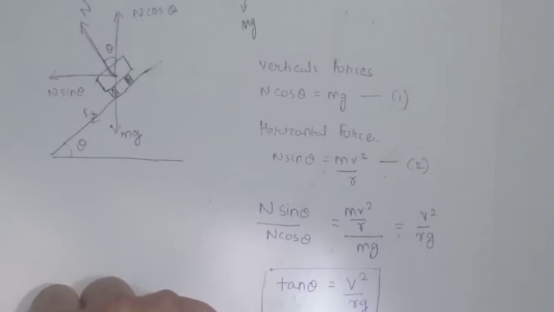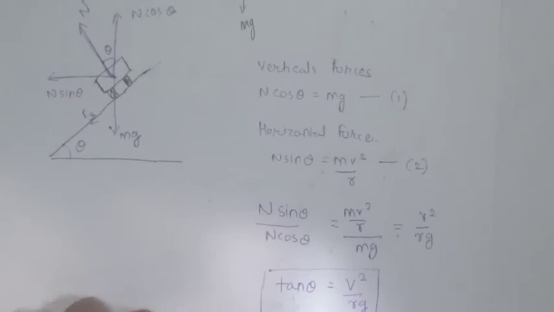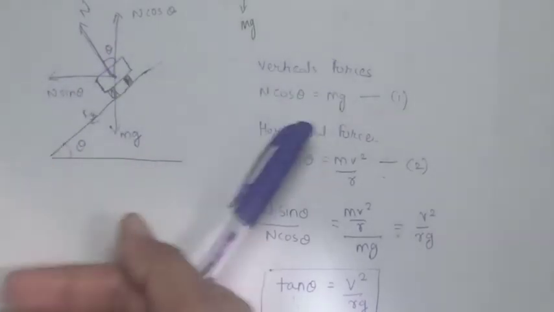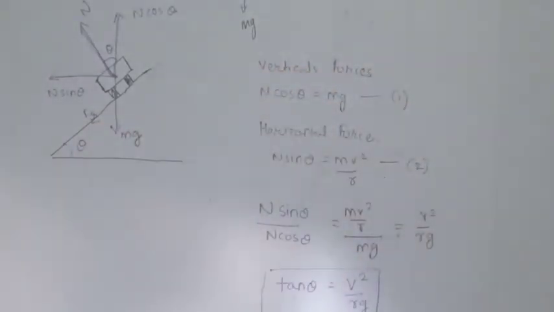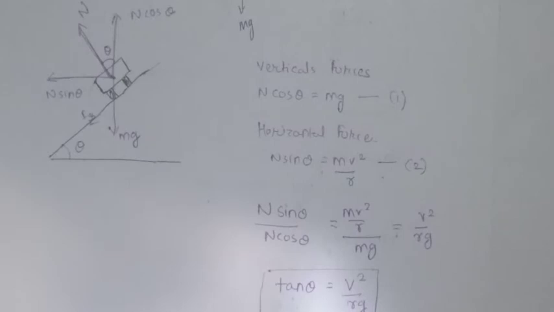There is actually no limit to how big the normal contact force is compared to friction, as long as the banked road does not collapse. In fact, if you want to make a sharper turn, you just have to increase the angle theta.